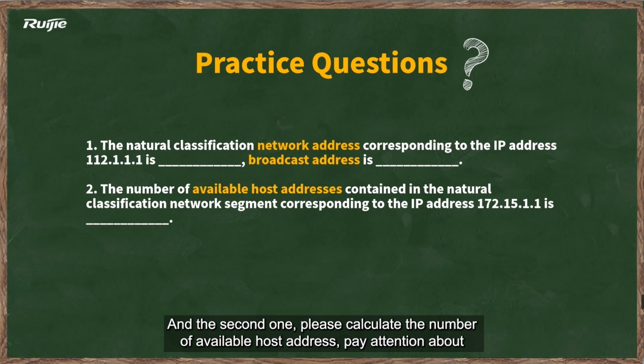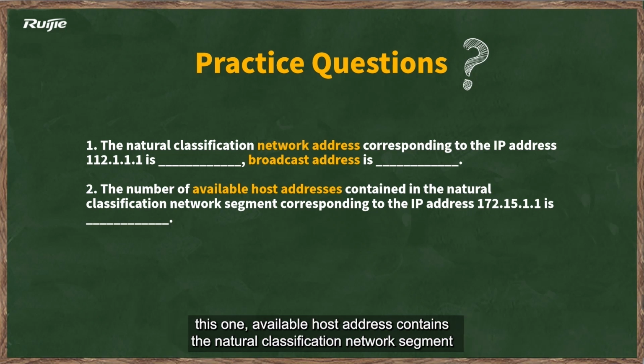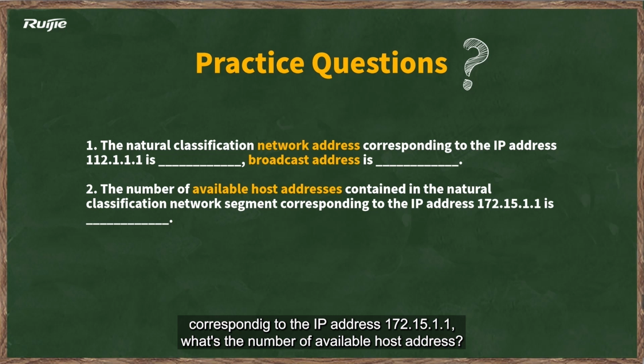And the second one, please calculate the number of available host addresses. Pay attention to this one. The natural classification network segment of the IP address is 172.12.15.1. What is the number of available host addresses?